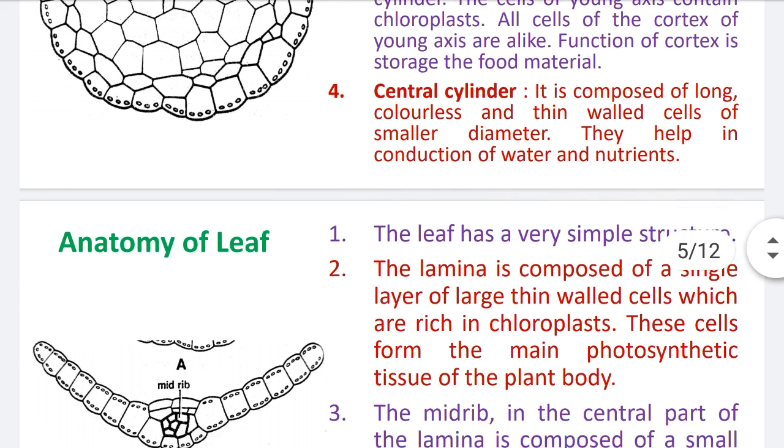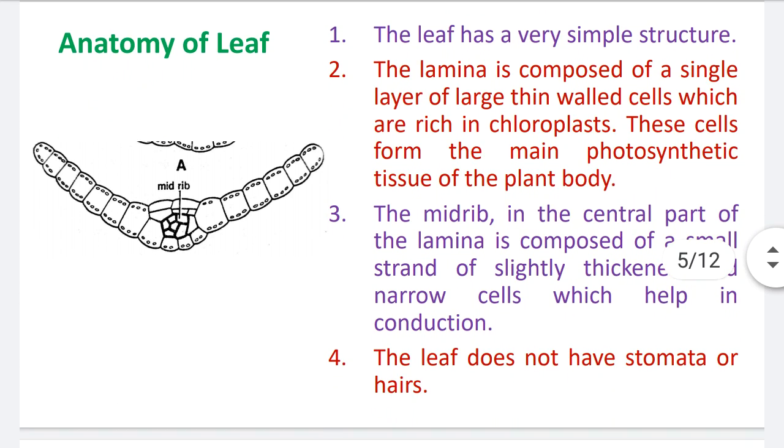Then anatomy of the leaf. The leaf has a very simple structure. You see in the photograph, there is no complexity in the anatomy. Number 2, the lamina is composed of a single layer of large thin-walled cells which are rich in chloroplasts.